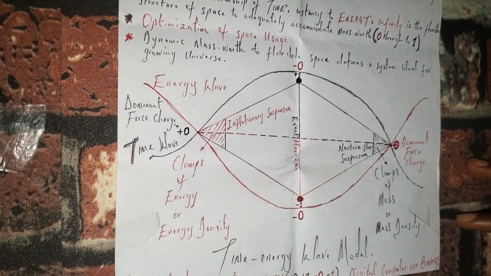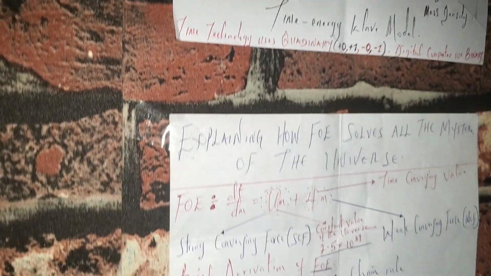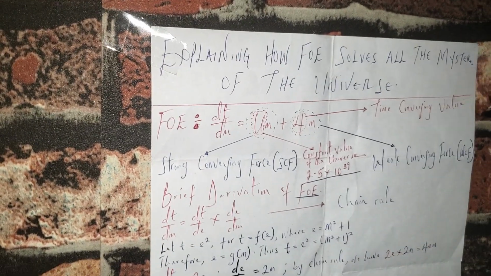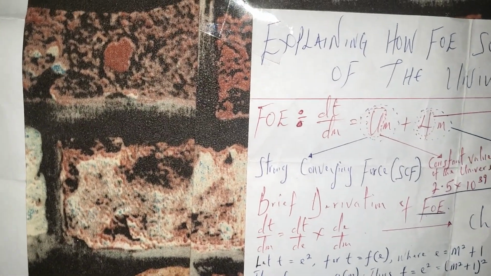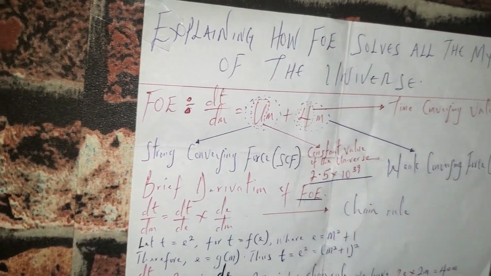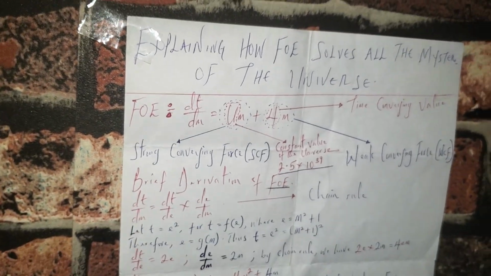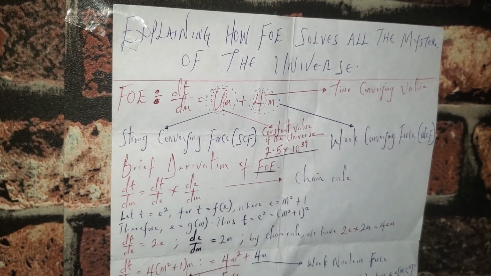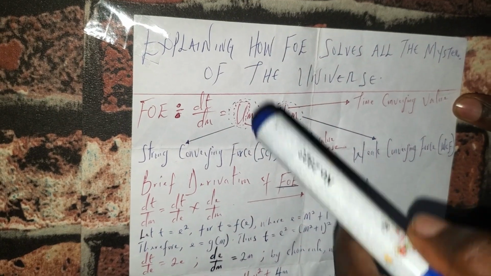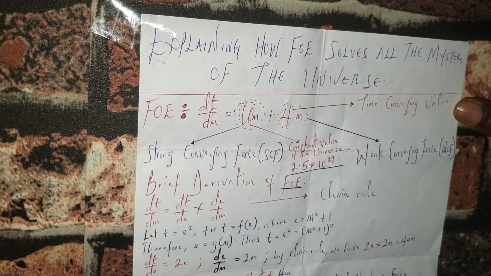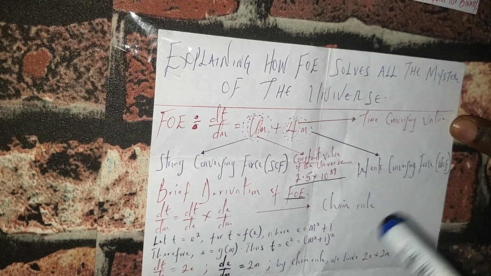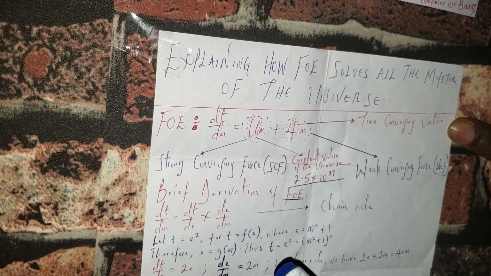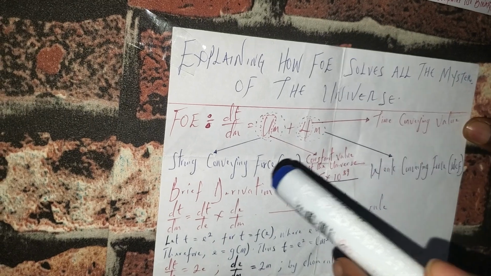So now let's look at how the formula of everything is derived. It's a powerful formula. When you look at its structure, it is similar to the learning equation of AI. But the difference is that AI has n sub 1 as neuron equal to m sub 1 times x.